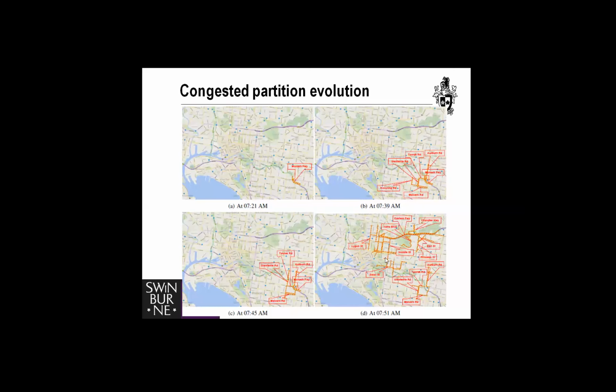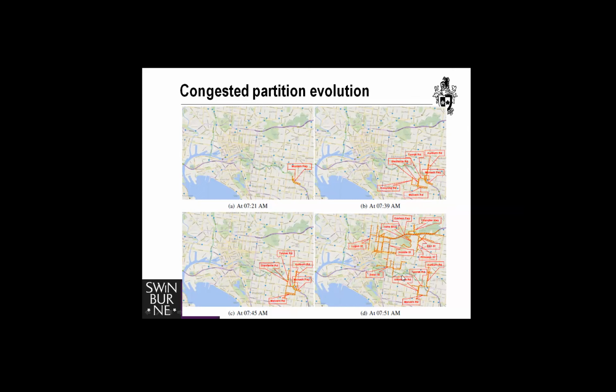Then at 7:51, we see that there is another congestion developing on the Eastern freeway, which is even bigger than the Monash freeway congestion, and has a higher impact on the overall road network.